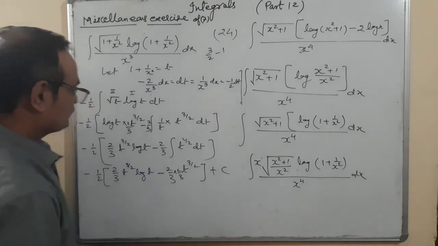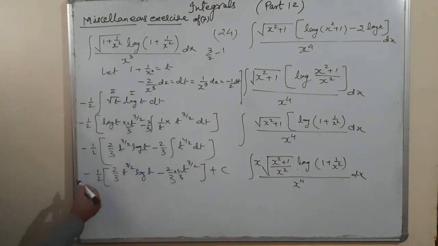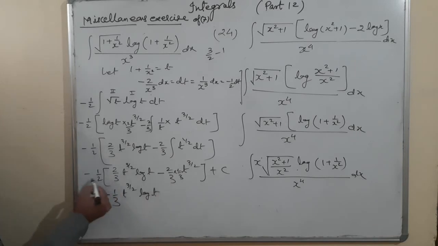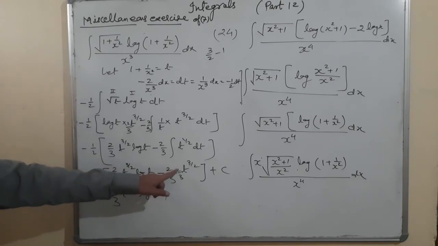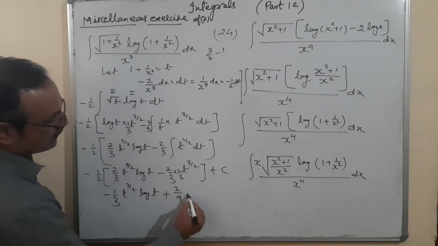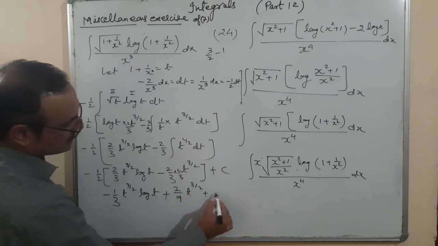Multiplied inside, 2 cancel: minus 1 by 3, t to the power 3 by 2 log t, plus 2 upon 9 t to the power 3 by 2 plus c.